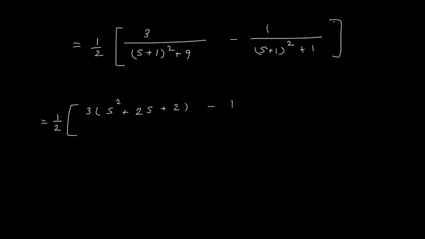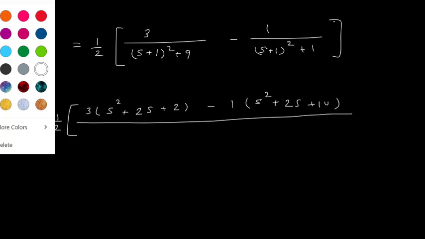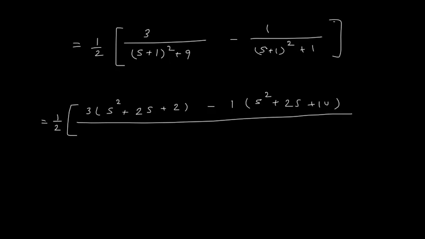Then minus 1 into, here I will get s square plus 2s plus 1 plus 9, which is plus 10, and this whole divided by, in the denominator, s square plus 2s plus 10 in one bracket and s square plus 2s plus 2 in another bracket.